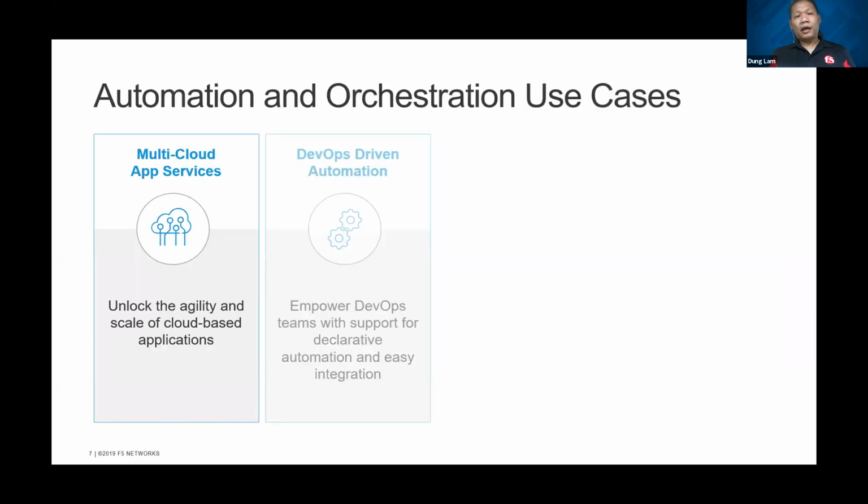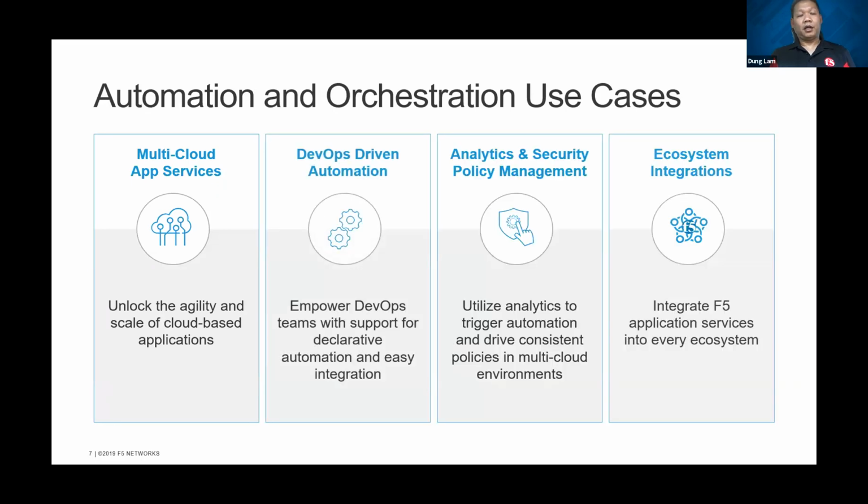So how can automation help to meet these changes? And these are just a couple of the use cases, right? Not all of them. Number one that we're seeing very often is the use case in multi-cloud.